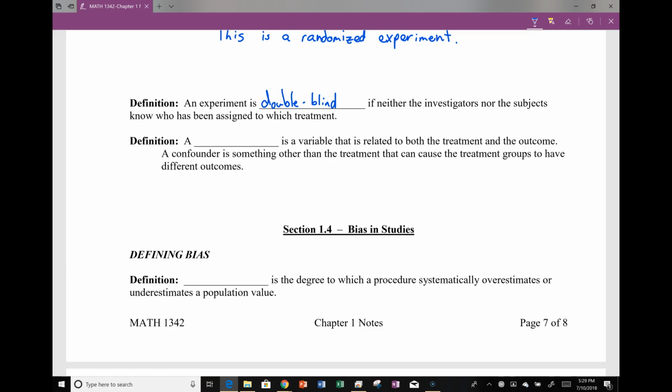Therefore, when assigned to groups like this, many times, especially if it's about a medication, the doctor or maybe the nurse does not know which patients received which one, which is actually a good thing because, again, there cannot be any other bias or anything of that nature. Also, the subjects do not know which one they received.